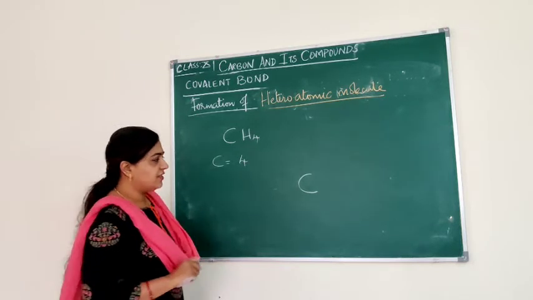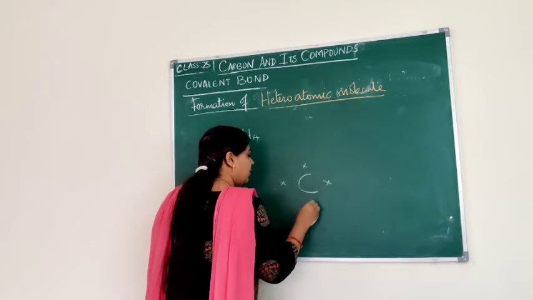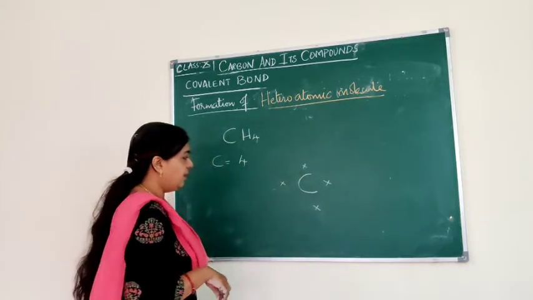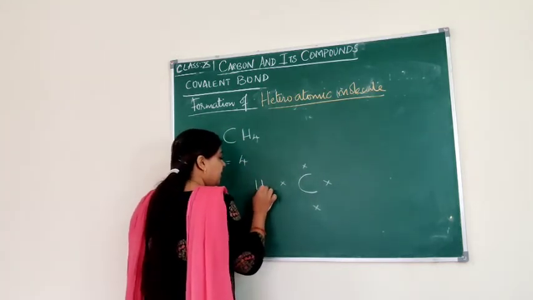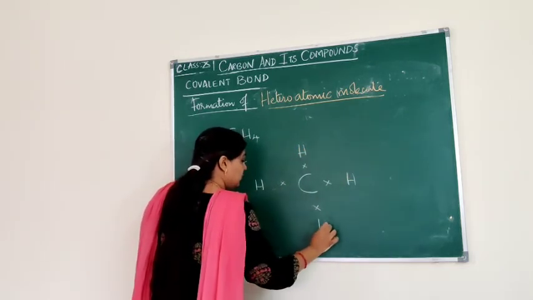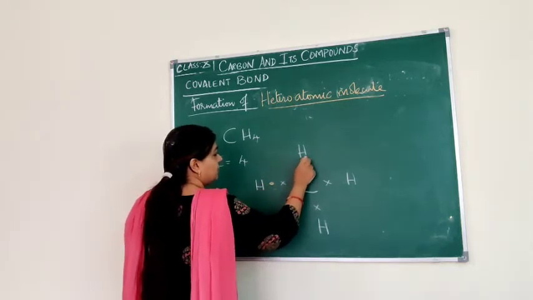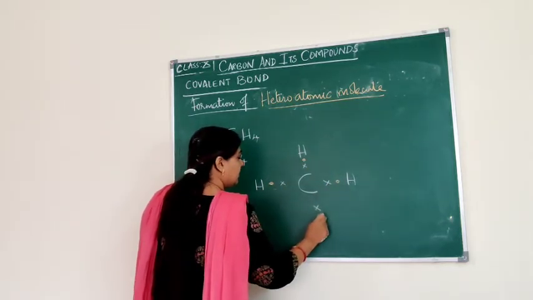So how do you represent it? We put the 4 electrons of carbon, and this is how they combine, with 1 electron from each hydrogen.